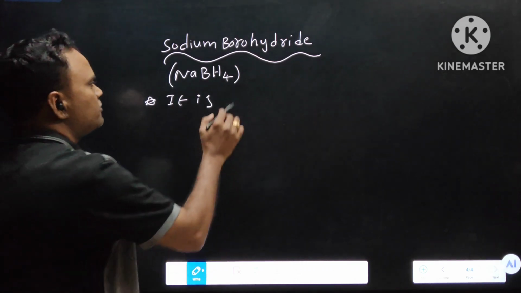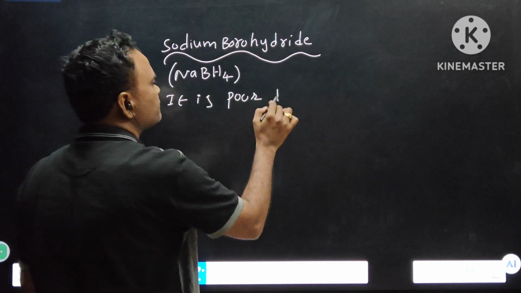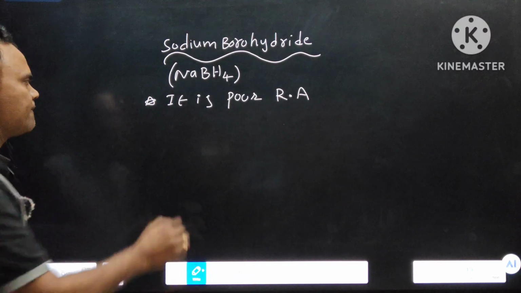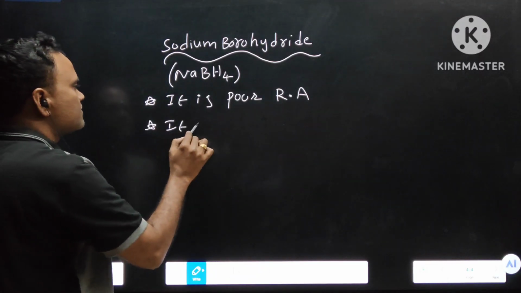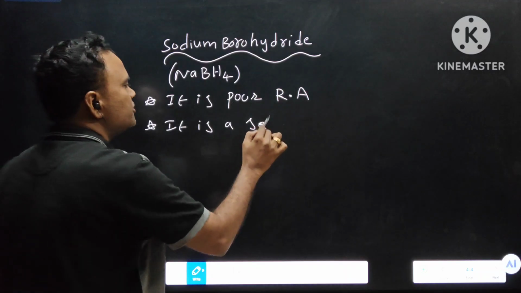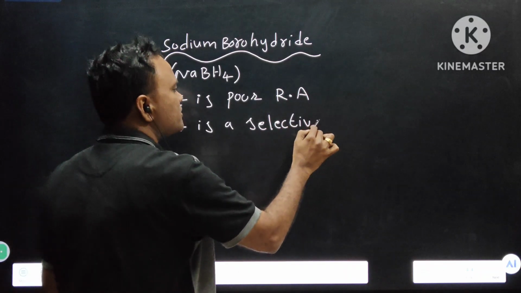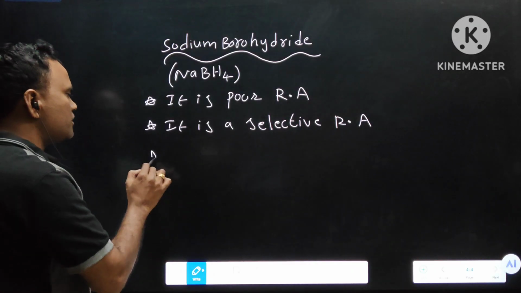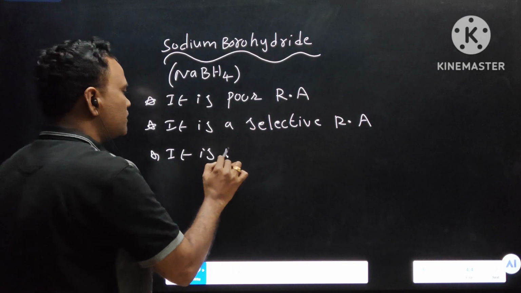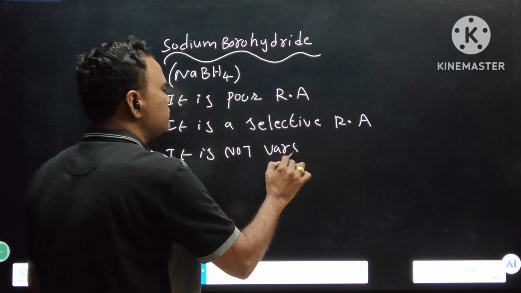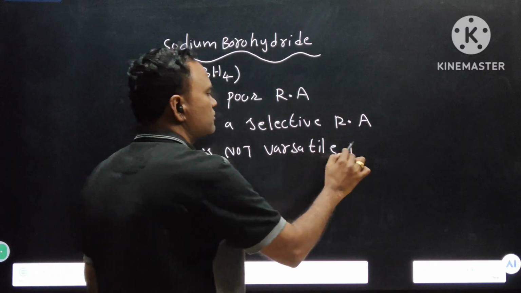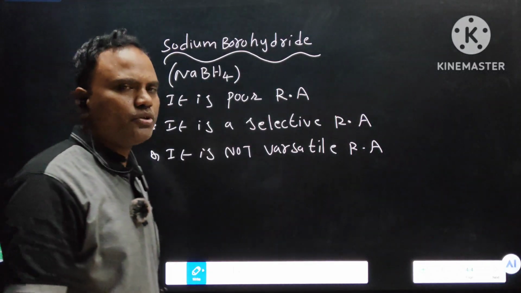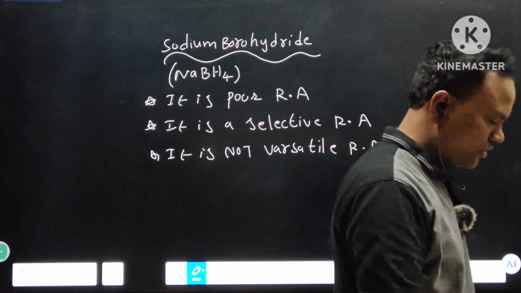This is a poor or weak reducing agent. RA stands for reducing agent. It is a selective reducing agent. It is not a versatile reducing agent. Weak or poor reducing agent, selective reducing agent, not versatile.